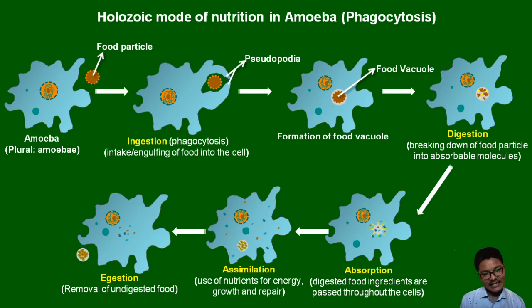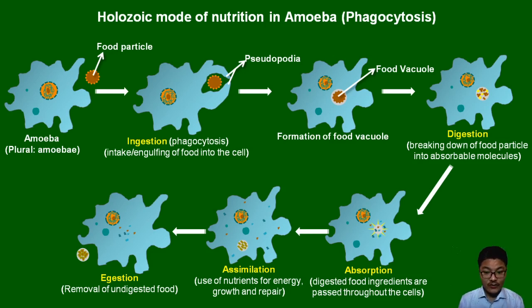So these excess materials, waste, undigested food will be taken out or removed, or egested out. So the final step of nutrition in amoeba is egestion, removal of undigested food.